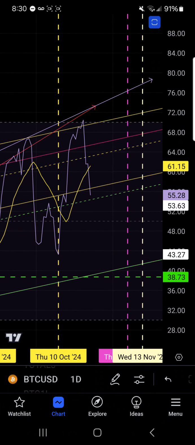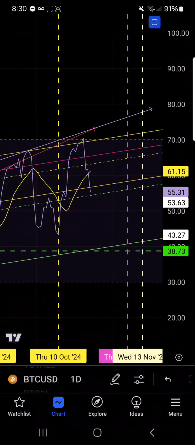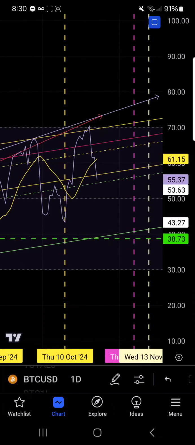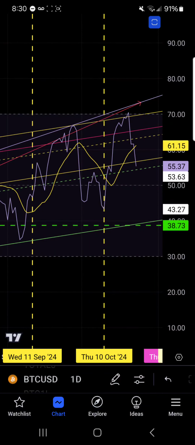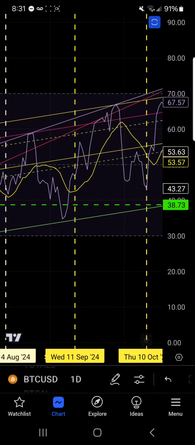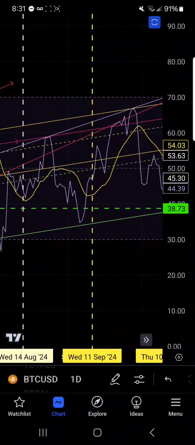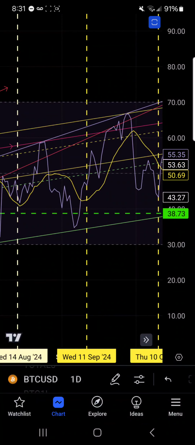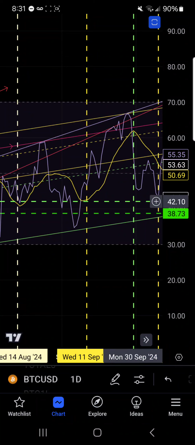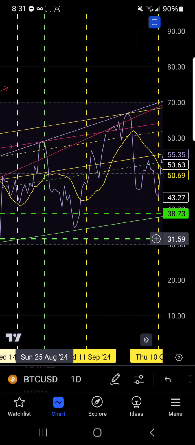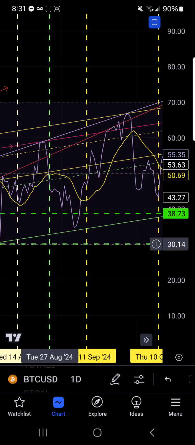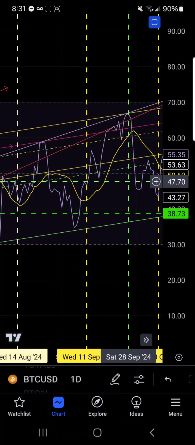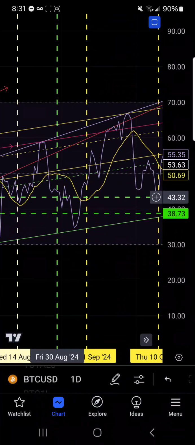So the thing is here, what is notable here is that on these other crosses below, here in particular, we were below the center line on the RSI chart.